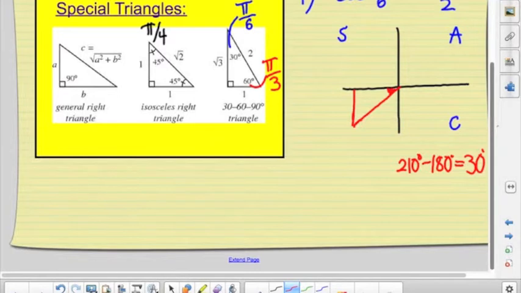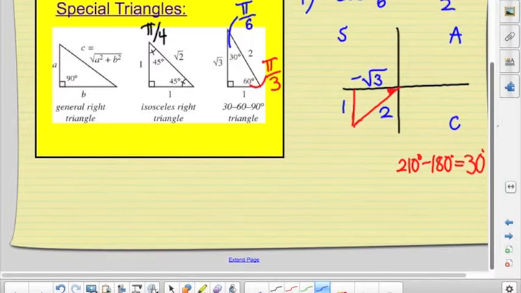I'm specifically looking at this triangle. I know my hypotenuse is going to be 2 for the 30-degree triangle. And cos is adjacent, so this is going to be negative root 3, which leaves this as 1. Does everyone agree with that?